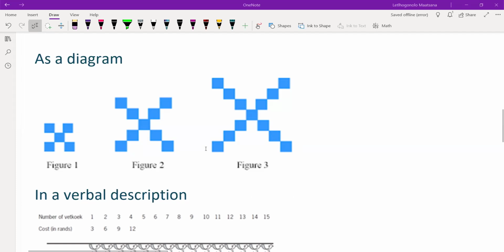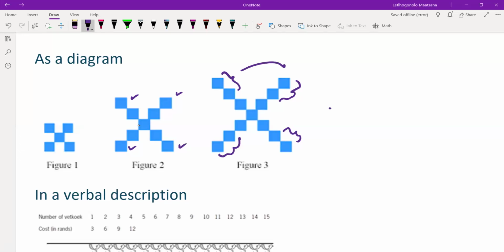That they can be represented in the diagram. We can clearly see from this diagram that there's a pattern that is forming. In the first diagram, we had 5 squares. We can see that we added 4 squares for the second figure, and for the third figure, we added 2 more in terms of figure 1, but we added 2 more in terms of figure 3.